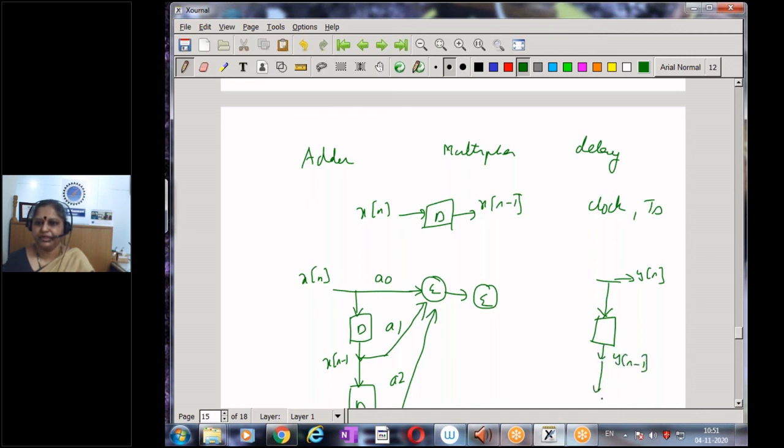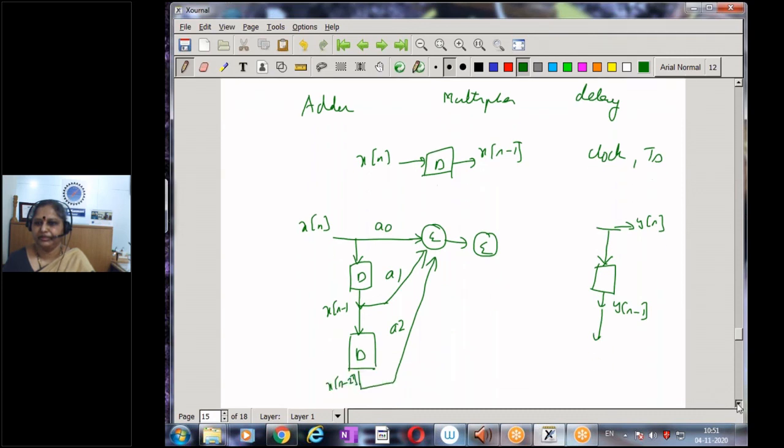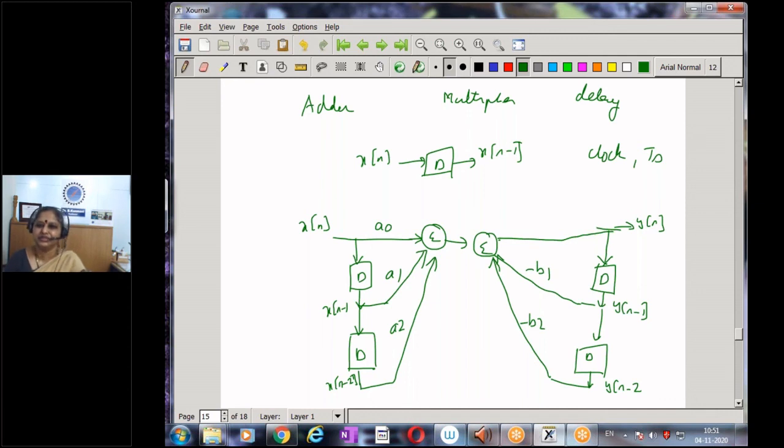I give one more delay, and the output of the block will be y[n-2]. This y[n-1] I multiply by minus b1, and similarly y[n-2] is multiplied by minus b2. When I add all these 5 terms, the output is going to be y[n]. So this is an implementation of the given difference equation.